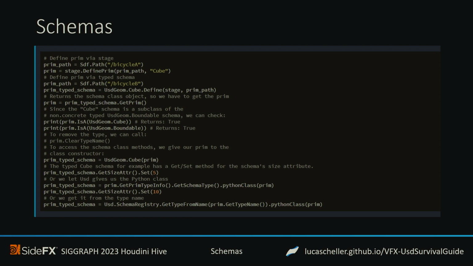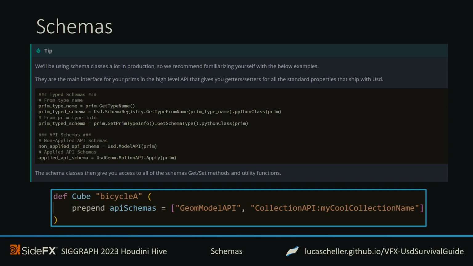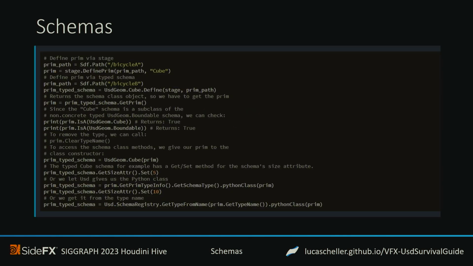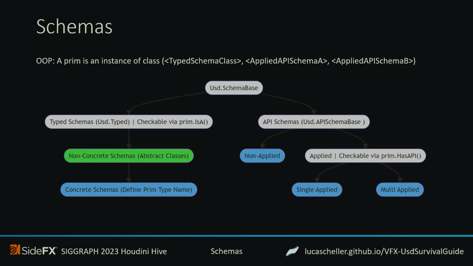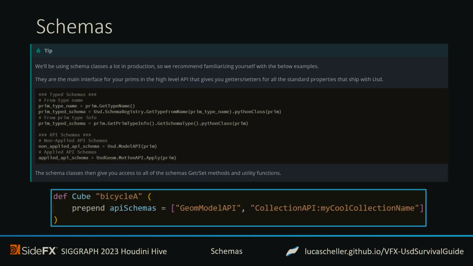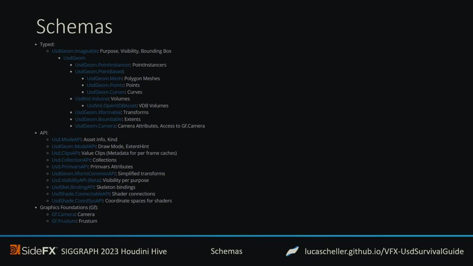Here's just a code example of how you can set stuff. I know the first part is a bit dry, but we'll look at some Houdini examples in just a second. I'm just laying out the basics here. So again, we have different types of schemas and how you apply them.